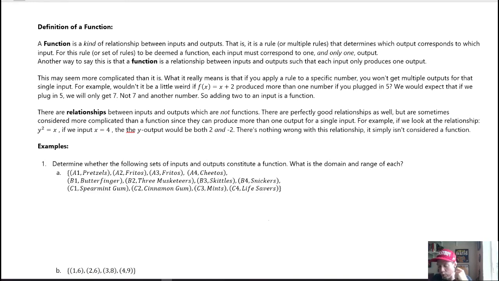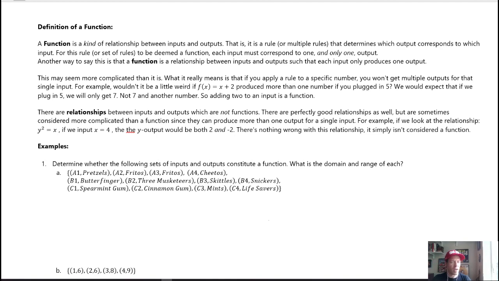That is, it is a rule or multiple rules that determines which output corresponds to which input. For this rule or set of rules to be deemed a function, each input must correspond to one and only one output. Another way to say this is that a function is a relationship between inputs and outputs such that each input only produces one output.